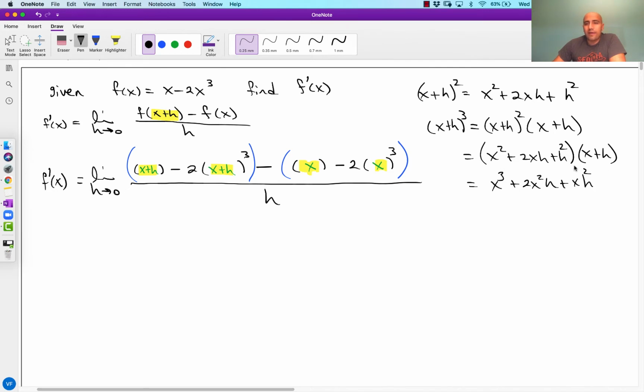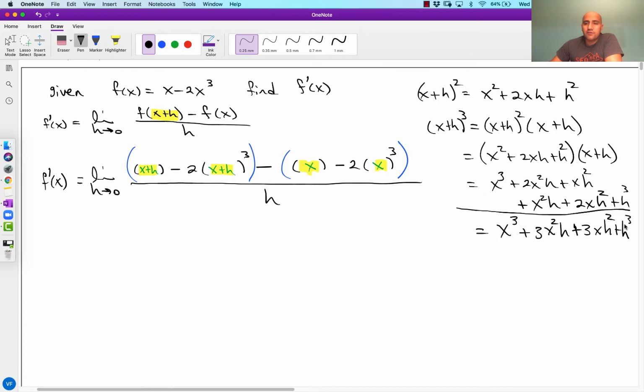And now coming back and multiplying each of those terms by an h, I'll get plus x^2h + 2xh^2 + h^3, which then simplifies to x^3 plus, I'm sorry, not 2, 3 copies of x^2h, adding all of these up, plus another 3 copies of xh^2 plus an h^3.